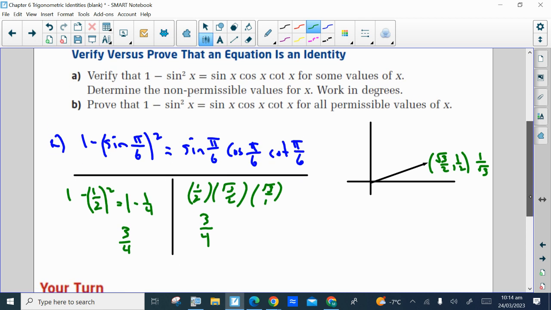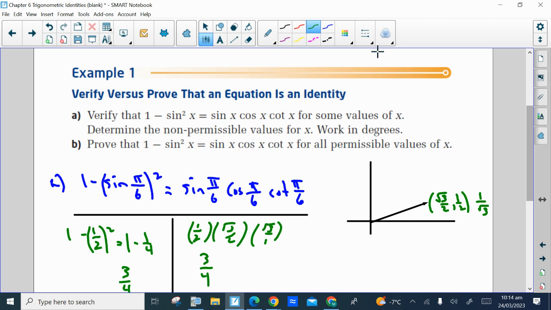Non-permissible values. They come from wherever you have a denominator. And on the right side, you'll have cotan, which is cos over sine. So that's the only place where we'll have a denominator. It comes from the factor cotan x, which is cos over sine. So we would say in this case that sine x cannot equal 0.